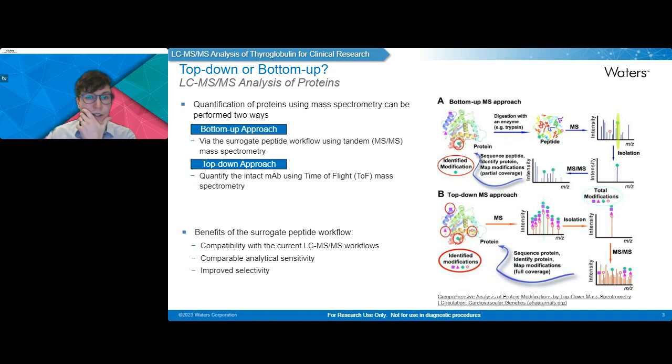For clinical research laboratories, the bottom-up approach does lend itself to adoption in those labs that already implement LC-MS methods for small molecules. So any approaches with this bottom-up approach will fit within those current workflows. The methods can also provide comparable analytical sensitivity and improved selectivity to other platforms, such as immunoassay.